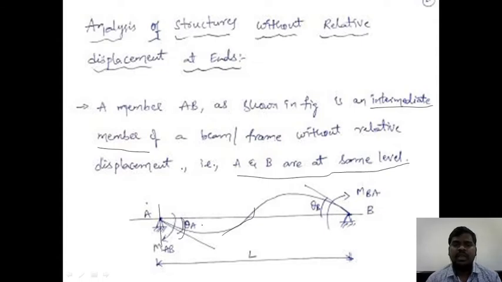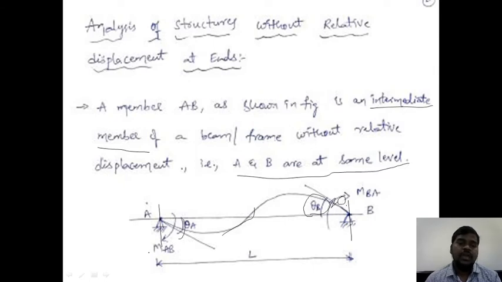Theta A will be 0 as usual. If B is also fixed, theta B will be 0. But if B is not fixed, there will be some theta B. That means slope is there at a simply supported end, and at a fixed support the slope will be 0.